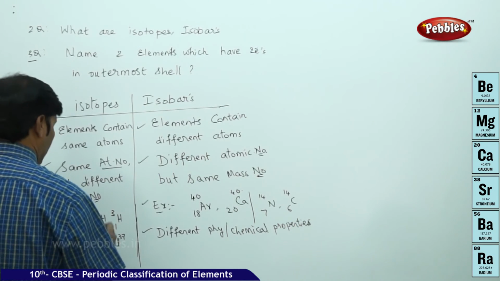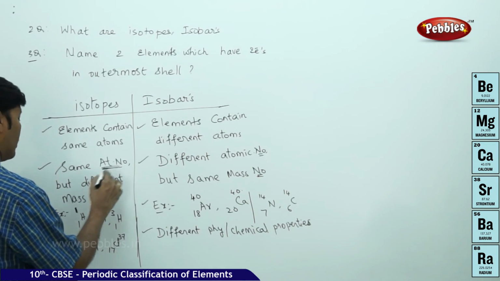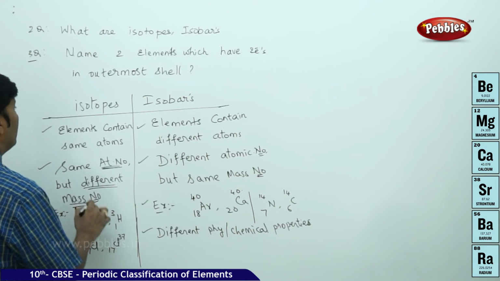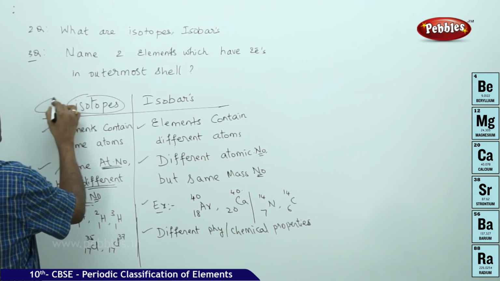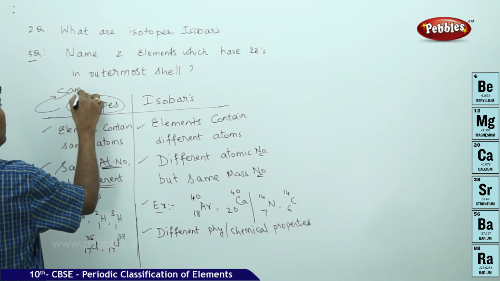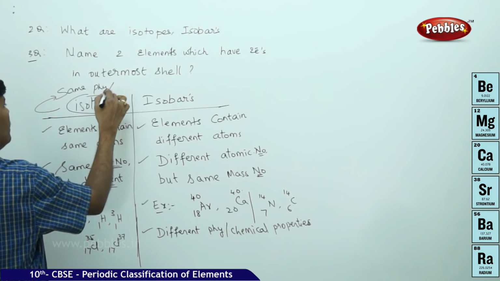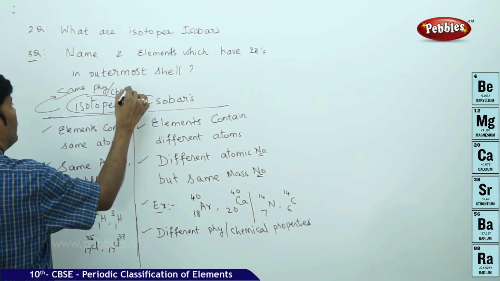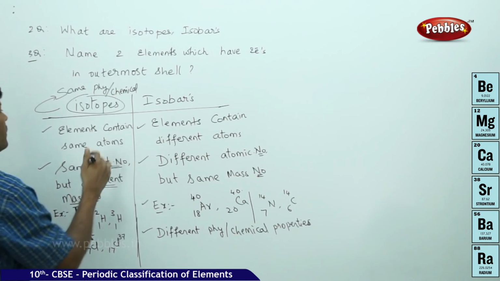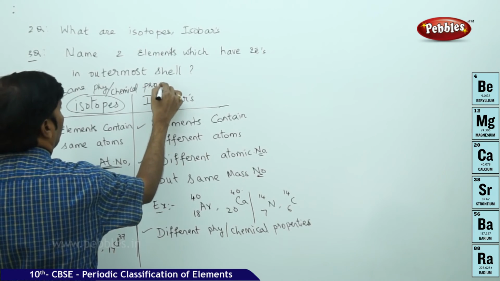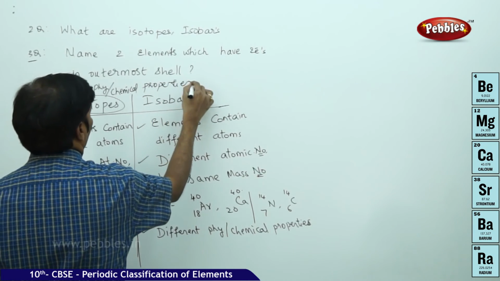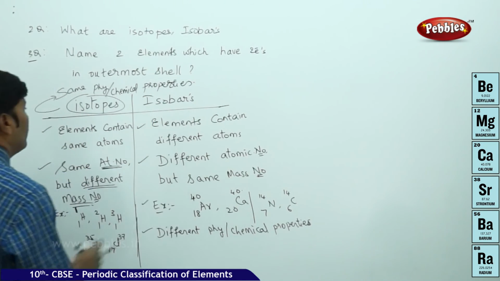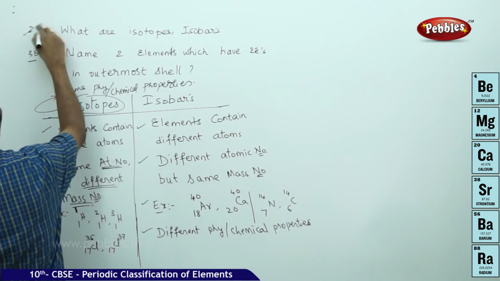Because isotopes have the same atomic number but different mass number, they have the same physical and chemical properties. That is something about the isotopes and isobars.